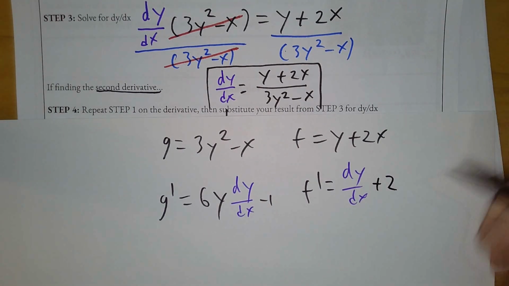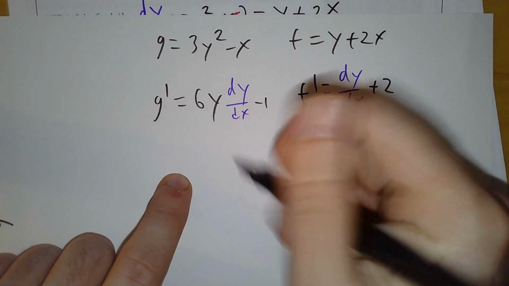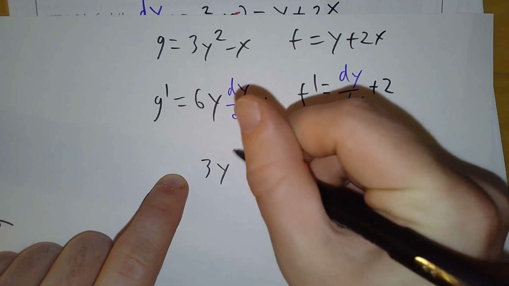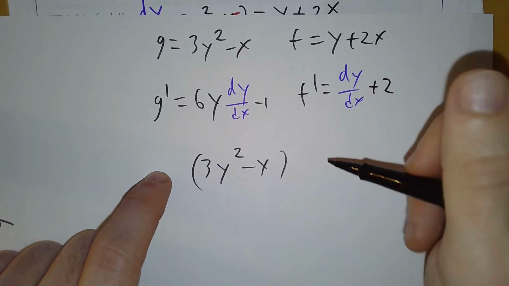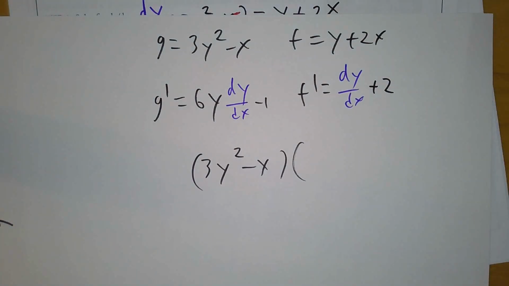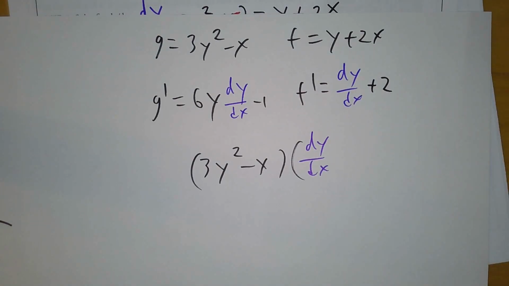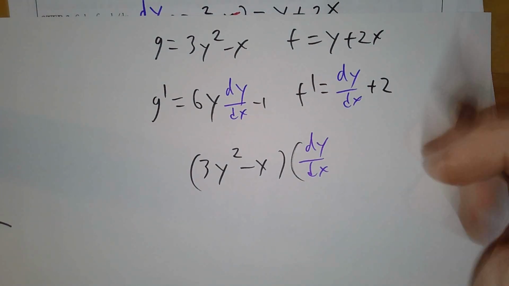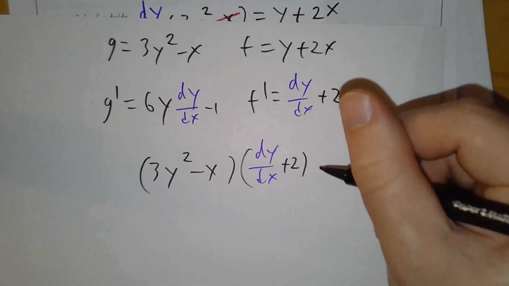So then we're going to use these for the product rule. Low d high, so it's going to be 3y squared minus x times dy/dx plus 2.